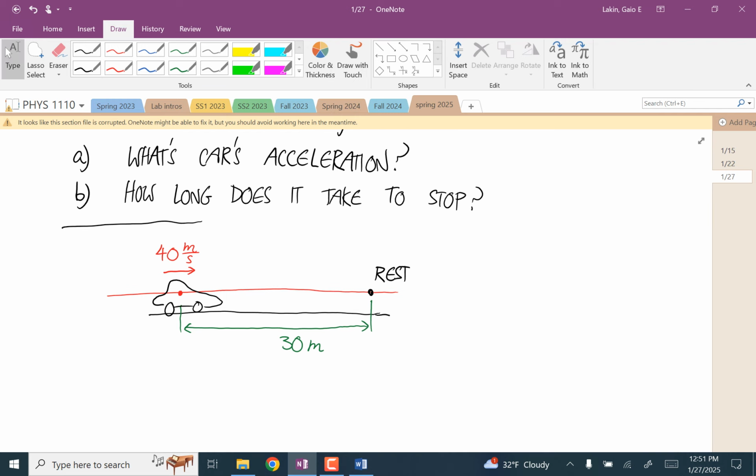Okay, so what do you want to choose as zero position? I think most people would probably choose where the car is when it starts braking. But let me do it a different way, so you can see that you can make these different choices and still do the problem.